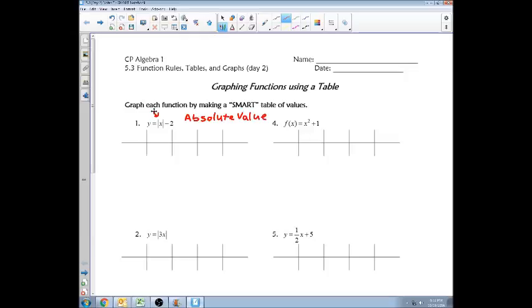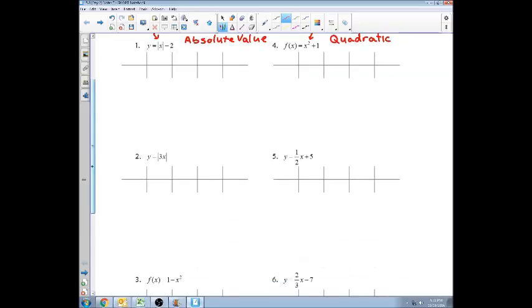The second graph we're looking at is known as a quadratic graph. If you ever see a variable squared, that is a quadratic graph. I'm sorry, if the largest exponent in the equation is squared, then that is going to be a quadratic graph. Let's look down here at number 2. That is also, what is the two vertical bars? Absolute value.